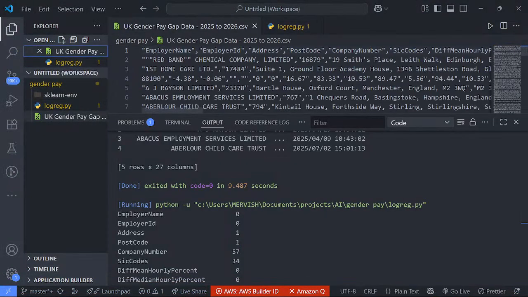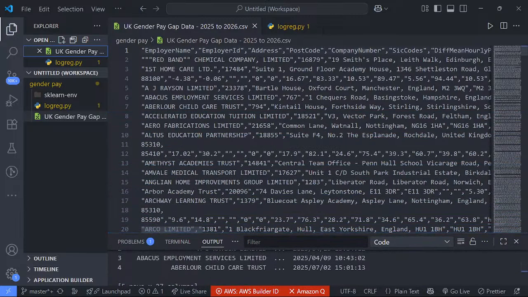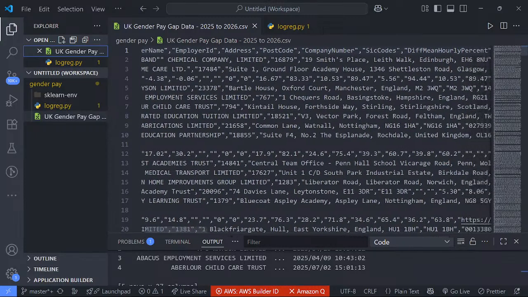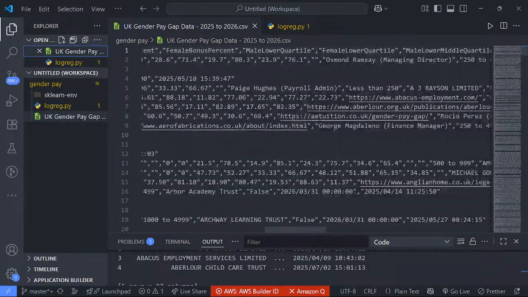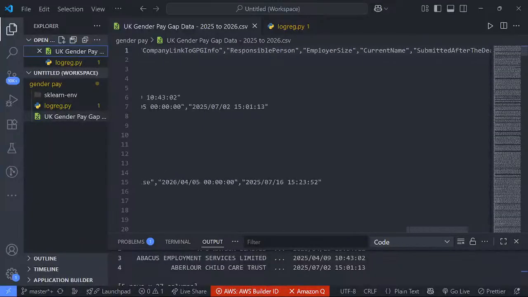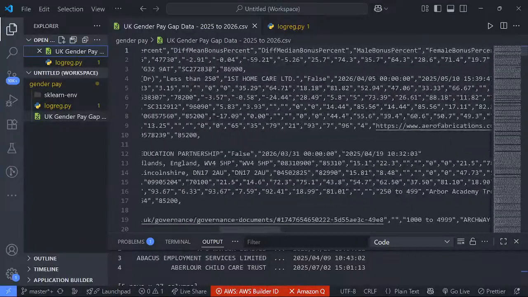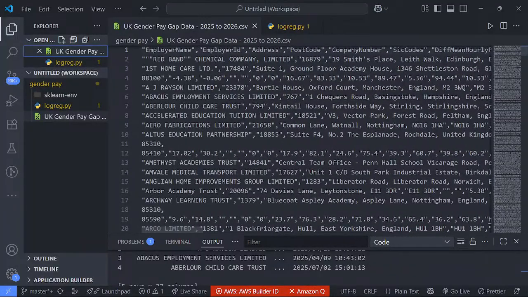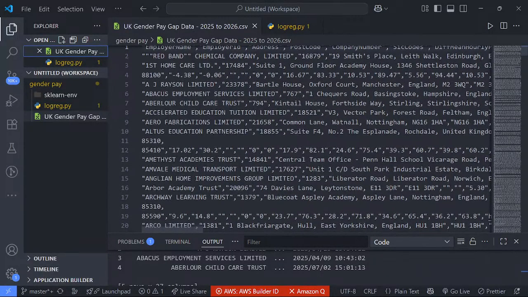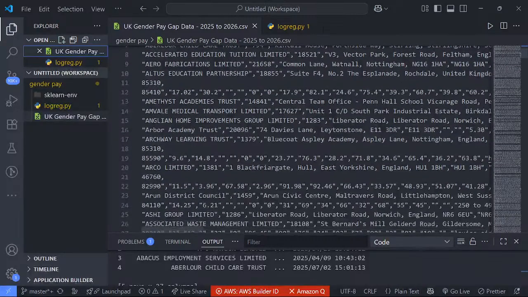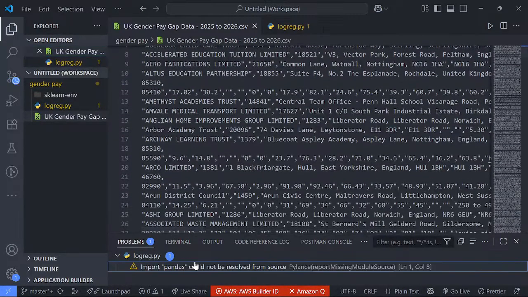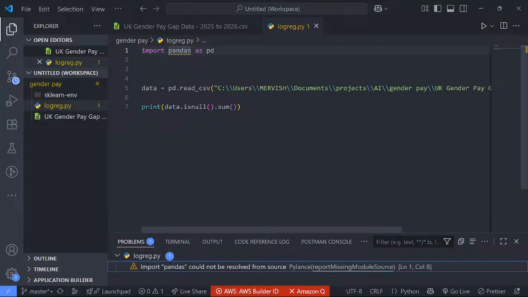Let's actually look at the employer name, ID, address. I want to look at it in. Interesting. What do you mean?